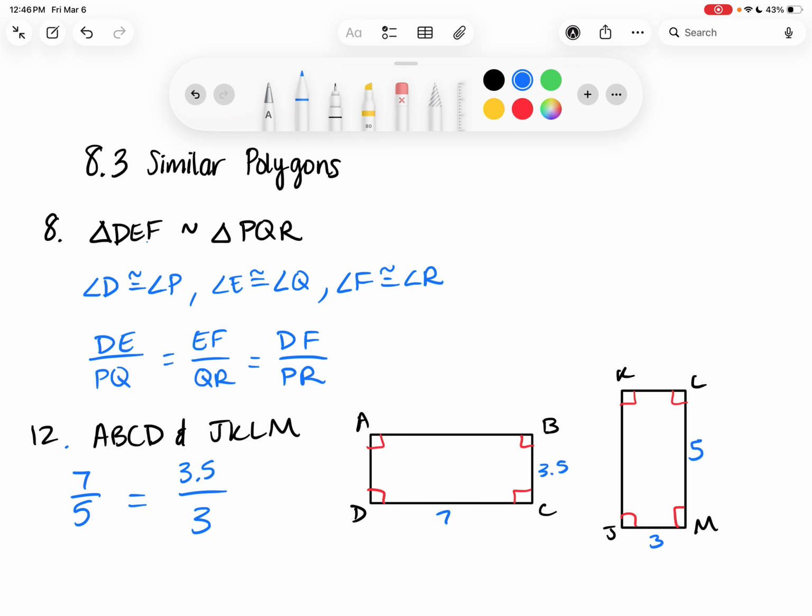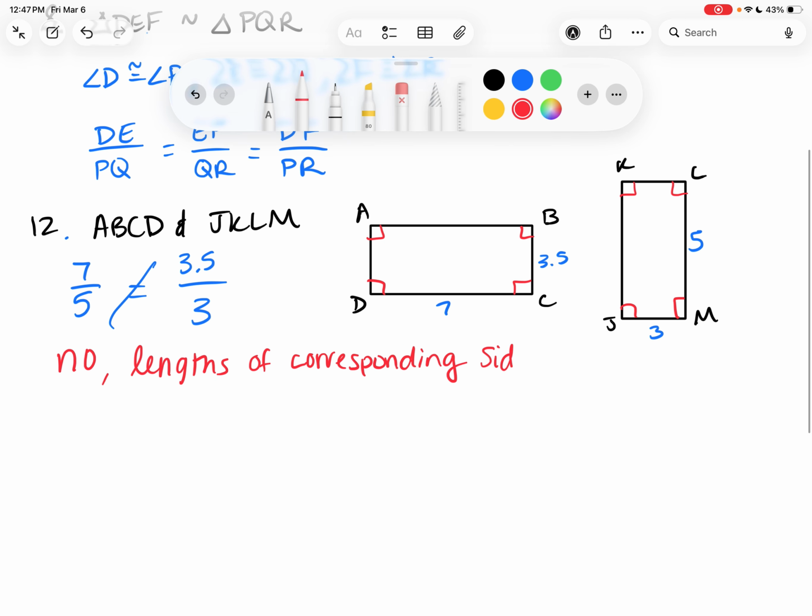But do those reduce to give us the same thing? Nope. So these are not equal. That means that the answer is no, because the lengths of the corresponding sides are not proportional.